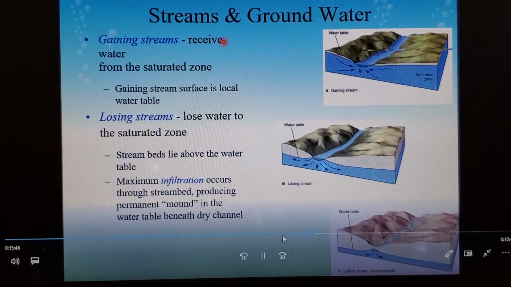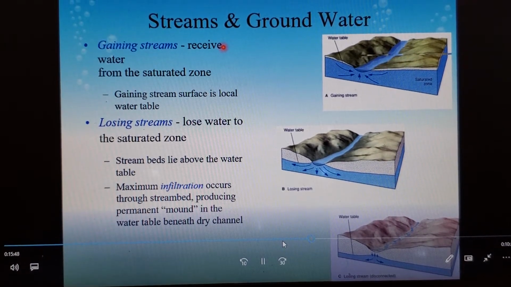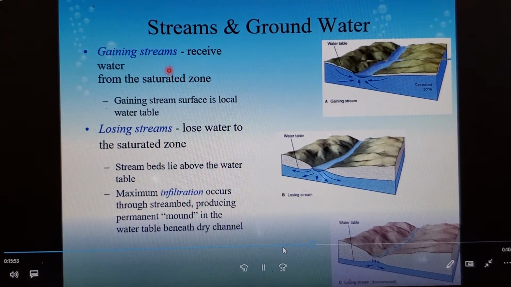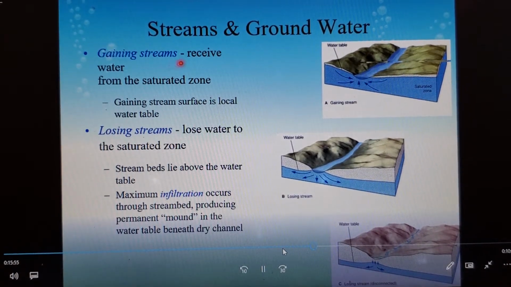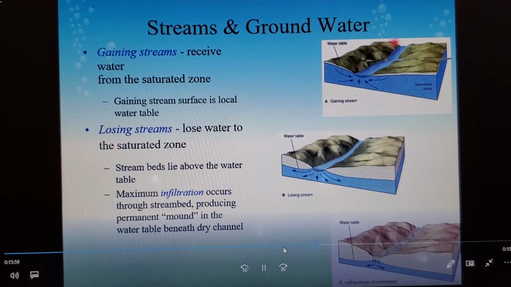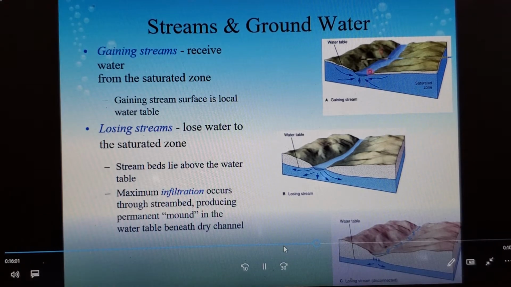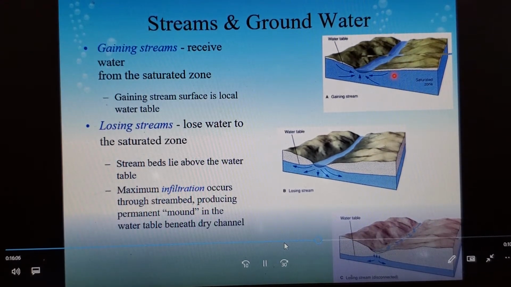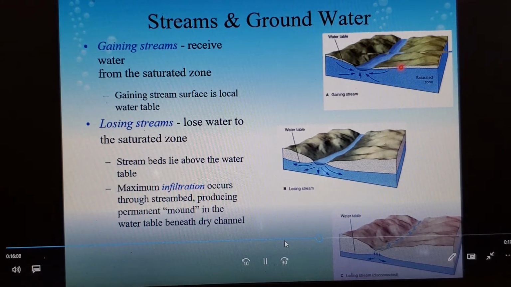This diagram also explains something else. You have a few new terms here, gaining streams and losing streams. If you look at this stream flowing out of the page, look at its water table all the way here, really high.